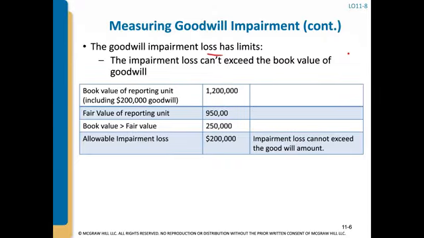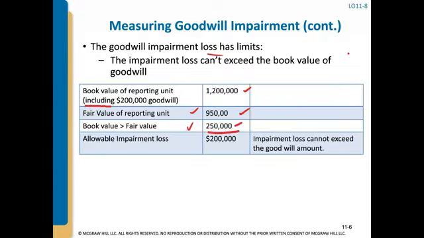Say you have a reporting unit where the book value of the reporting unit, including goodwill, and it has to include goodwill, is 1.2 million. The fair value of the reporting unit is 950,000. And so now we can see that the fair value is less than the book value by $250,000.